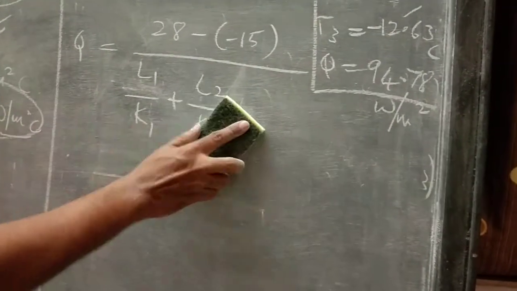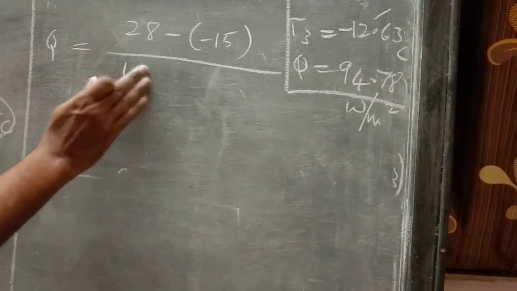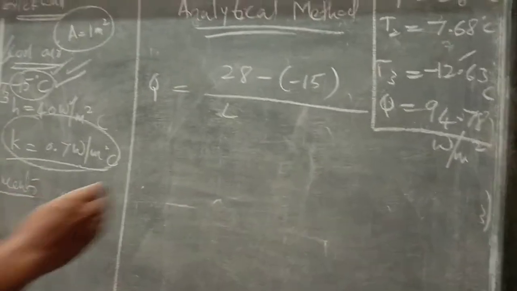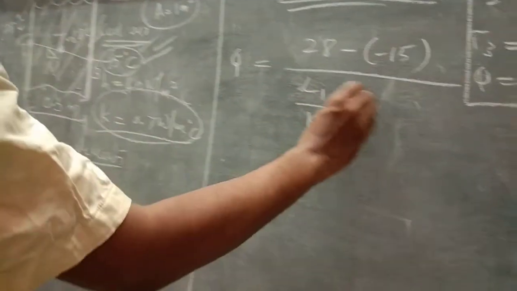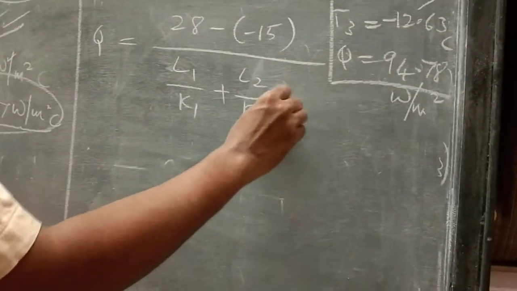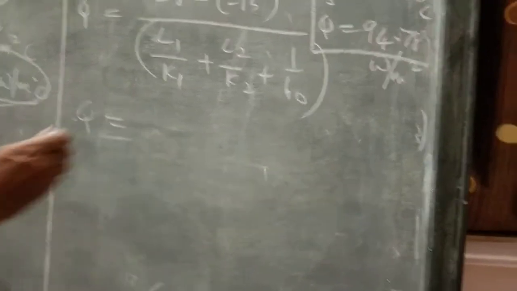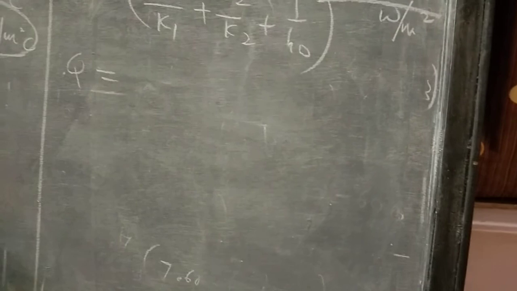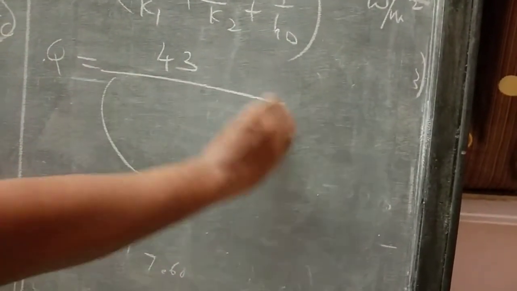Okay, only one material conductivity is there, so directly you can calculate. Still we require the center midpoint temperature also. We consider L1 by K1 plus L2 by K2 plus 1 by h0. Okay, Q equals 28 minus of minus 15, which becomes 43, divided by L1 by K1.